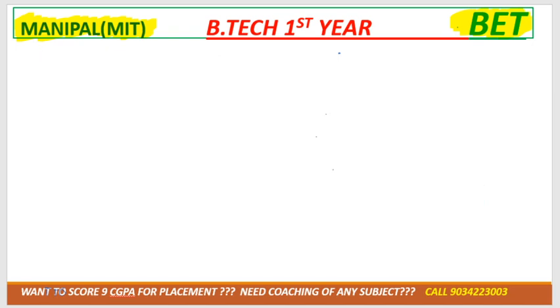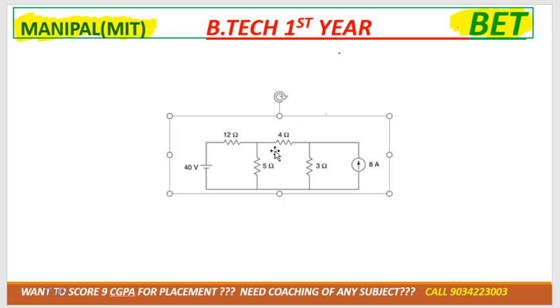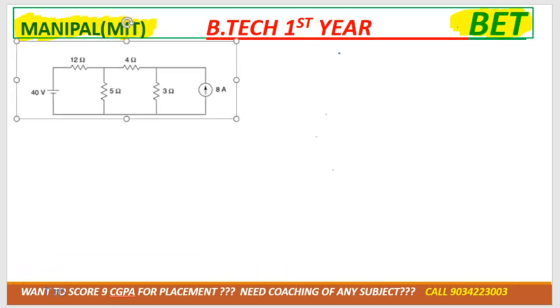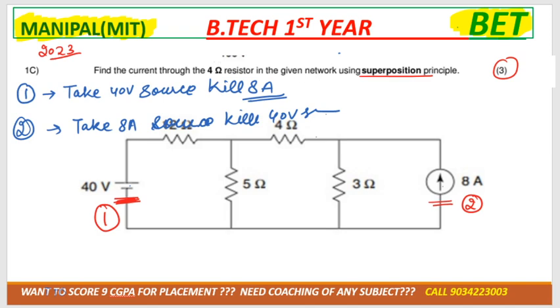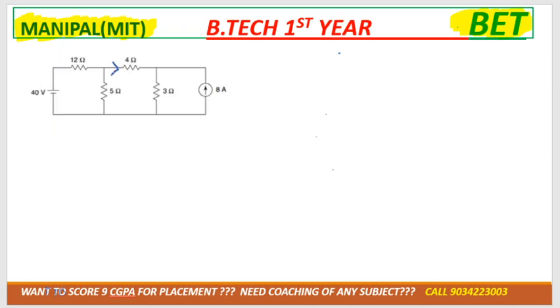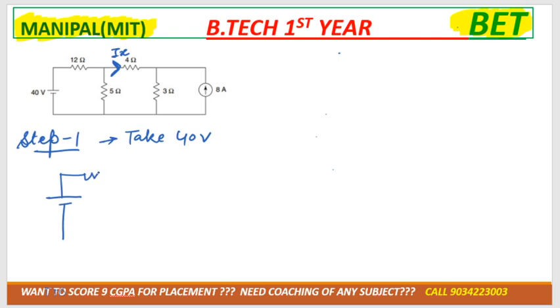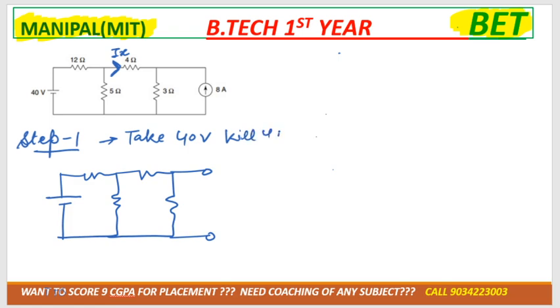Got it? Like see, I'm drawing the diagram. This is the diagram, and in this case they have asked you to calculate the current in 4 ohm. So let's mark Ix over there. Okay, so step number 1, we need to take 40 volt source. So 40 volt as it is, resistance as it is, resistance as it is, and we have to kill 8 ampere source.